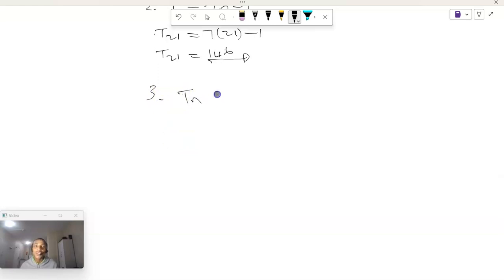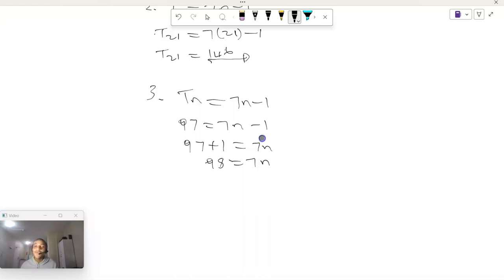If you are looking for a position, basically we are looking for the value of n in our equation. So we substitute 97 is equal to 7n minus 1. Then we take the negative 1 to the other side, so 97 plus 1 is equal to 7n, and this gives us 98 is equal to 7n.